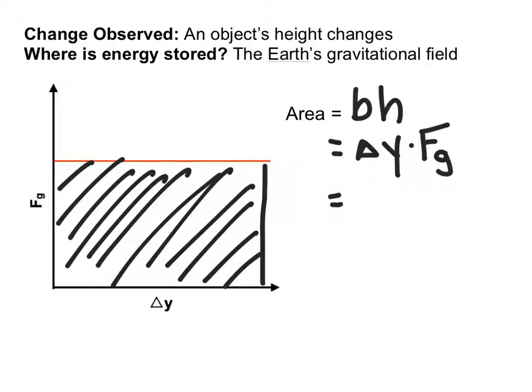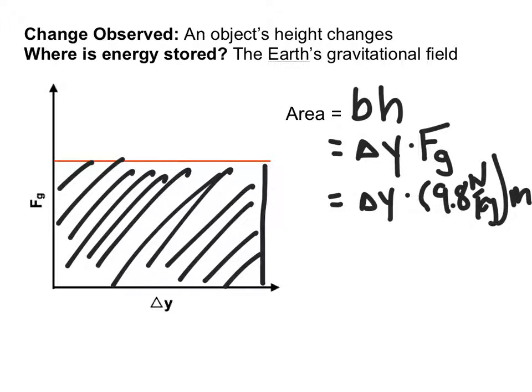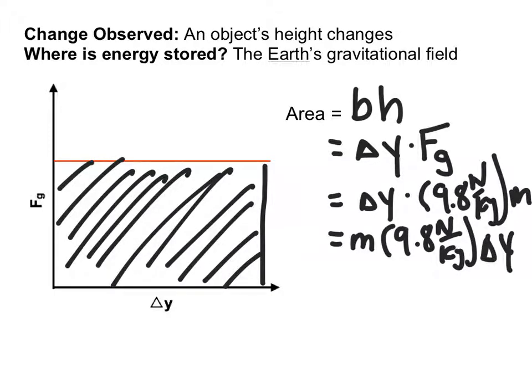Substituting in a few things, I have change in y times our Fg, which is 9.8 newtons per kilogram times mass. And then I'm just going to rearrange a few things here: mass times 9.8 newtons per kilogram times change in y.